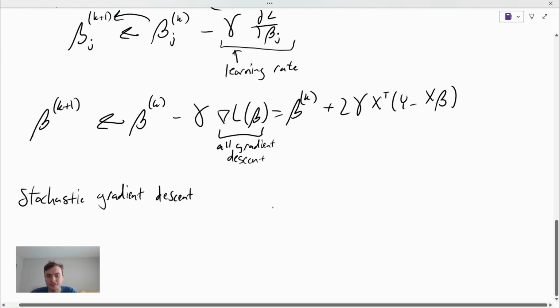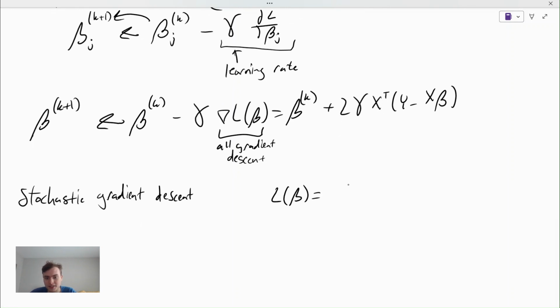So anyways, we introduce our loss function L of beta, let's just copy that, being the same, from 0 to n minus 1, of y_i minus x_i beta squared.